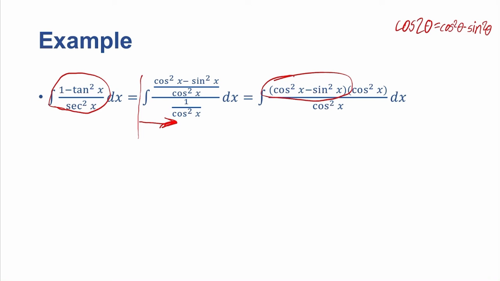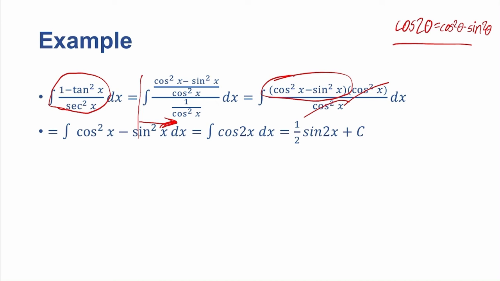But this is important. We're going to be using this, because these guys cancel out. So what we can do is make this the integral of cosine squared of x minus sine squared of x dx, which becomes the integral of cosine of 2x dx, which is obviously 1/2 sine 2x plus c. We can do that 1/2 rule pretty easily because, again, that's a mental u substitution. We can do that in our heads. That makes our lives easy.